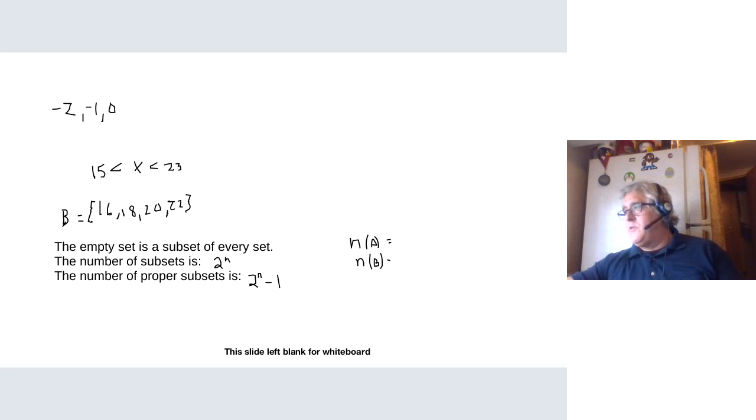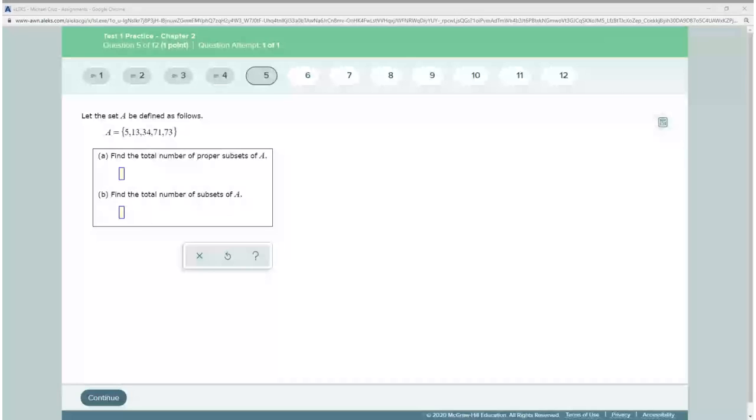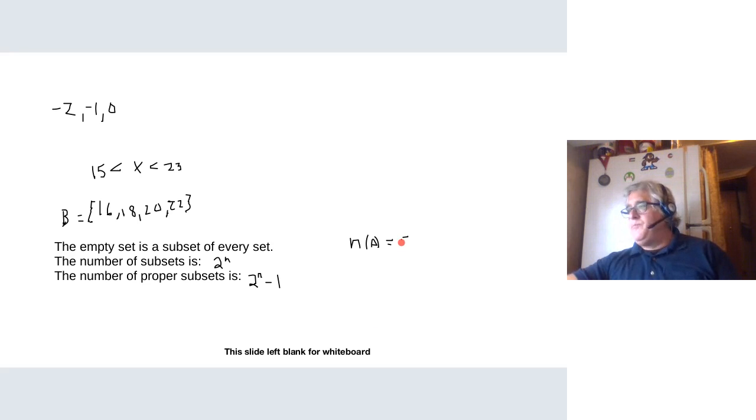Yeah, there was just A. So N just means the number of elements in there. So this is the only set. So it's 1, 2, 3, 4, and 5. So the number of elements is 5. So the number of subsets would be 2 to the 5th power, which is 32. 32 subsets.